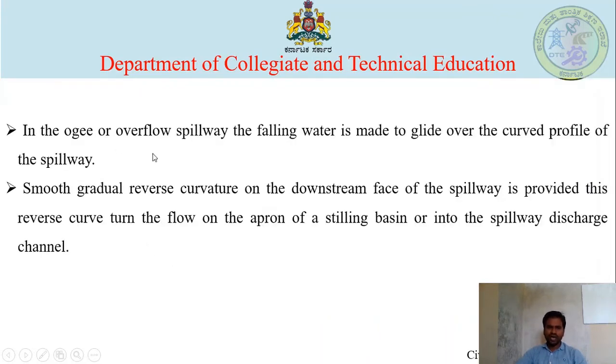In the Ogee or overflow spillway, the falling water is made to glide over the curved profile of the spillway. A smooth gradual reverse curvature on the downstream face of the spillway is provided. This reverse curve turns the flow onto the apron of a stilling basin or into the spillway discharge channel.